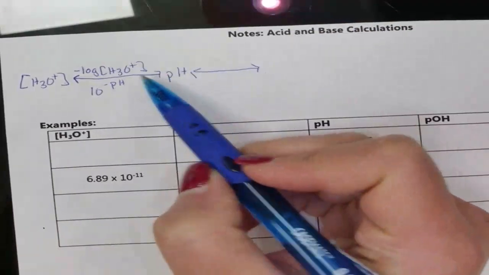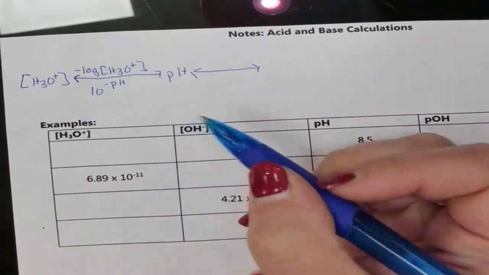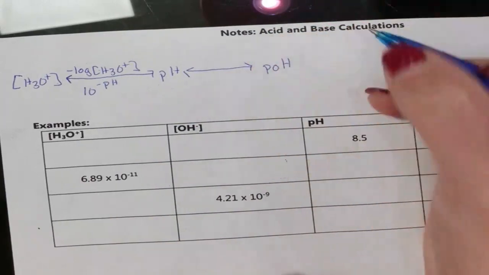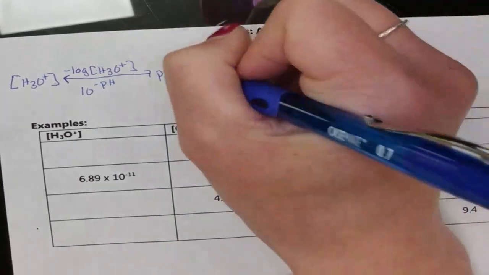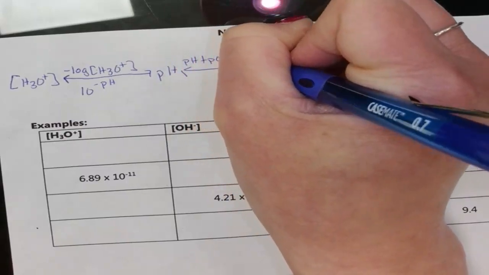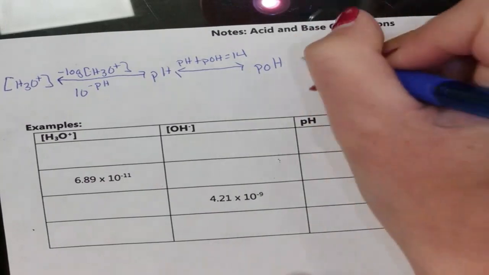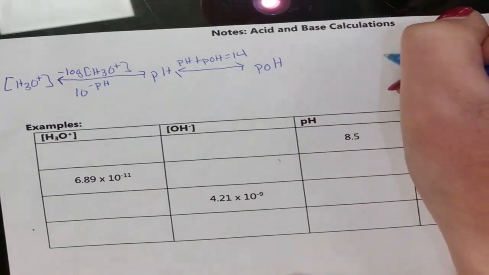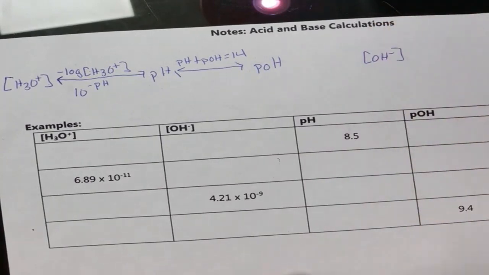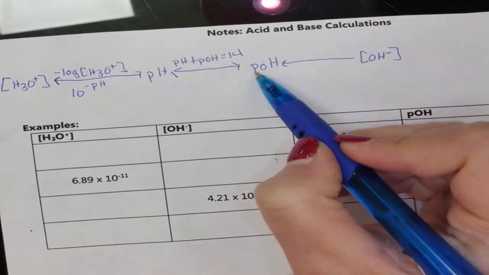P meaning negative log. So anytime we have a P, P is negative log. I can also find the pOH by adding: pH plus pOH equals 14. If I have the concentration of hydroxide ions, I can use that to find the pOH, where P means negative log.